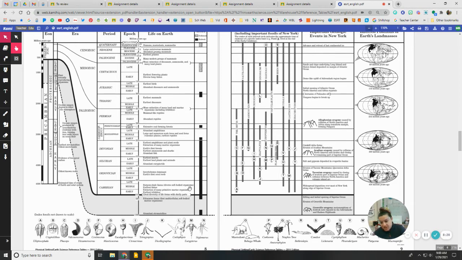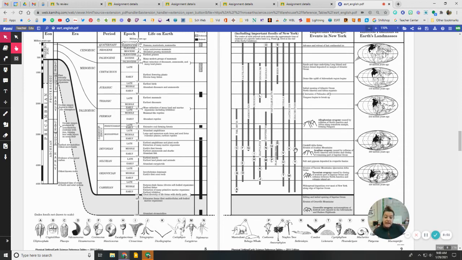And then G is an ammonoid, which are cool looking too. There are ammonoid fossils in different parts of New York State that you can find pretty easily, and they're really neat to see. And then you've got crinoids, graptolites, dinosaurs, eurypterids, mammals, and so on and so forth.